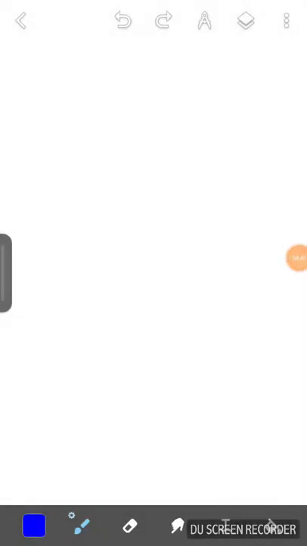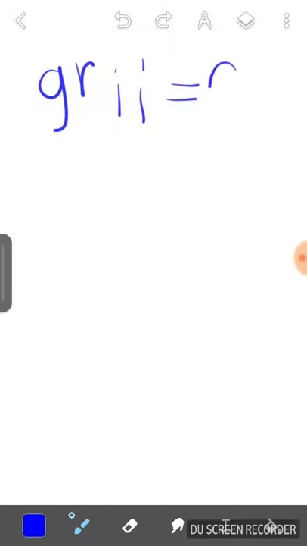Let's go on to see grain, and I'm going to write this. Having a little trouble there, getting that little dot. So you tell me what that is. That's right, it's grain 2. So this is equal to GR2.